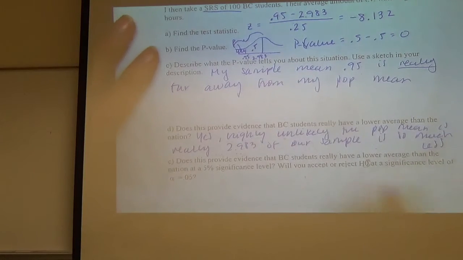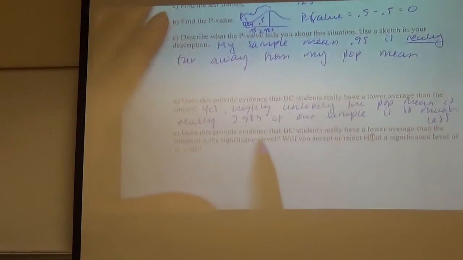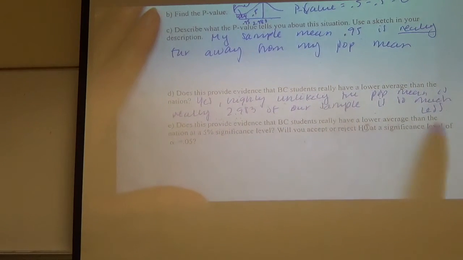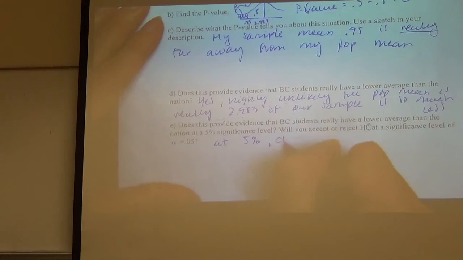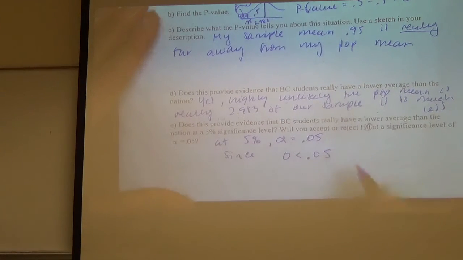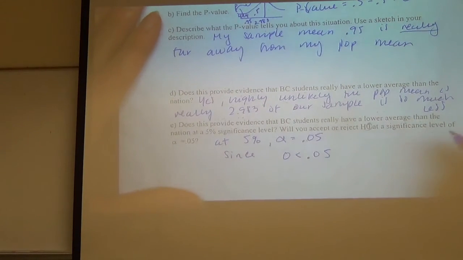Of course, we can look at this more mathematically. Does this provide evidence that BC students really have a lower average than the nation at a 5% level? That's telling us alpha is equal to 0.05, so this is our significance level. We would say since 0 is definitely less than 0.05, this does provide evidence.